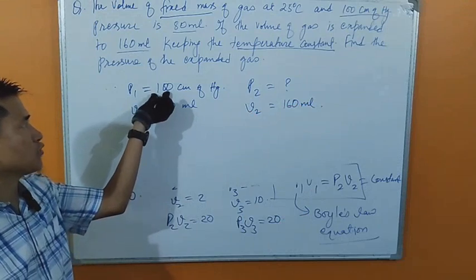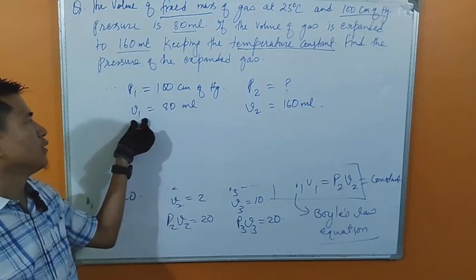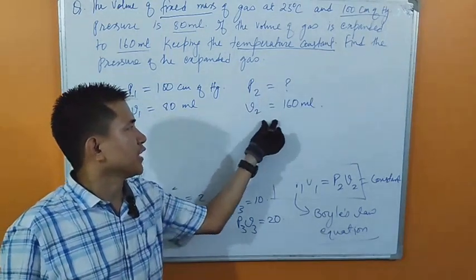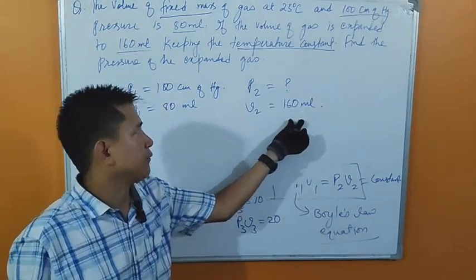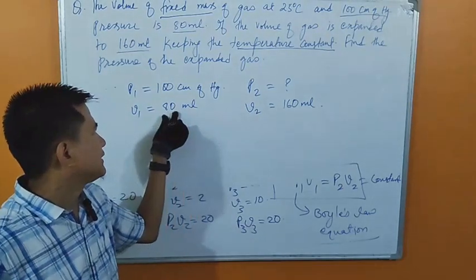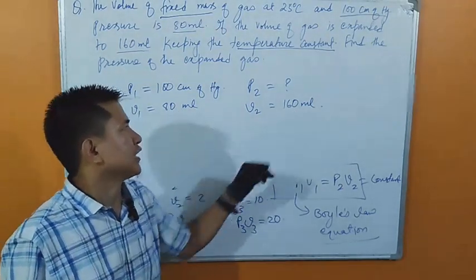When the pressure of the gas was 100 cm of Hg, volume of the gas was 80 ml. At what pressure would the volume of the gas expand to 160 ml? You can see here the volume of the gas is doubled, 80 ml to 160 ml.